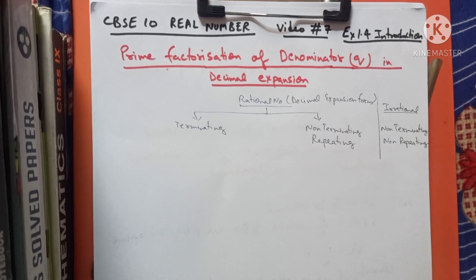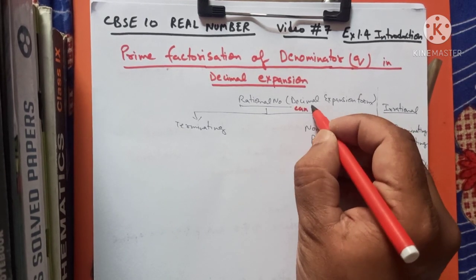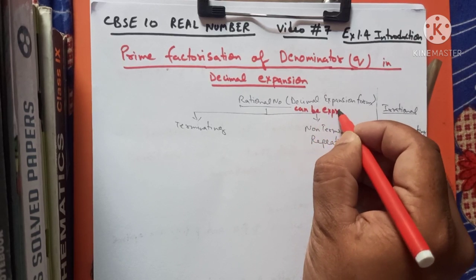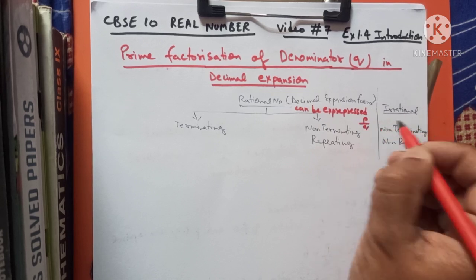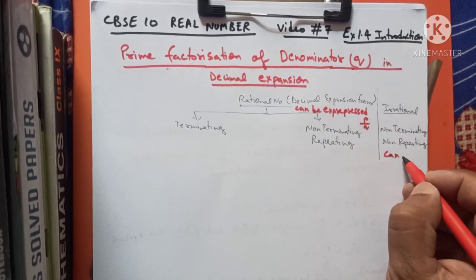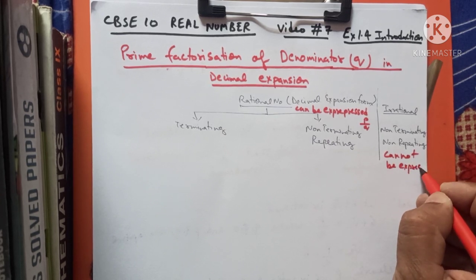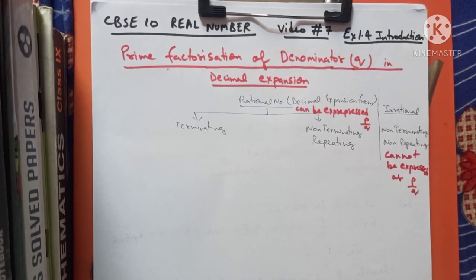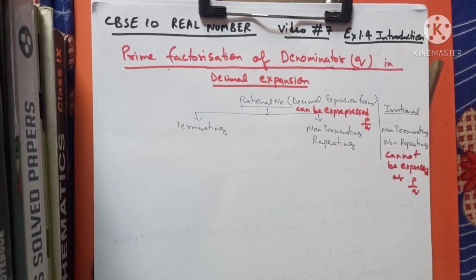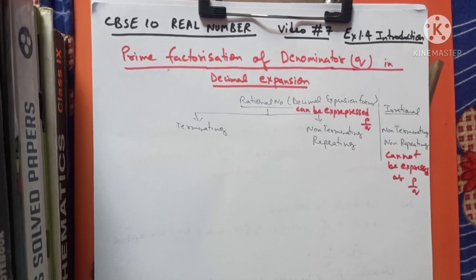So the non-terminating repeating decimals, that is, a rational number, can be expressed in the form of p by q, and the irrational number cannot be expressed as p upon q. So since an irrational number or non-terminating non-repeating decimal cannot be expressed in the form of p by q, we will not be discussing the irrational number here.